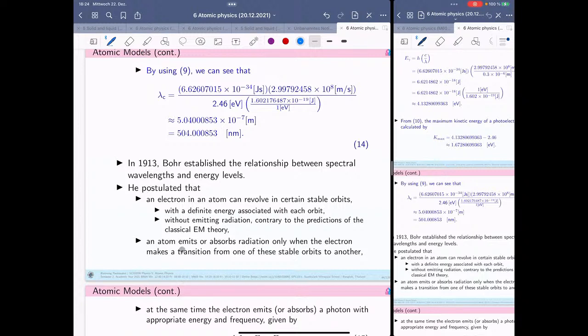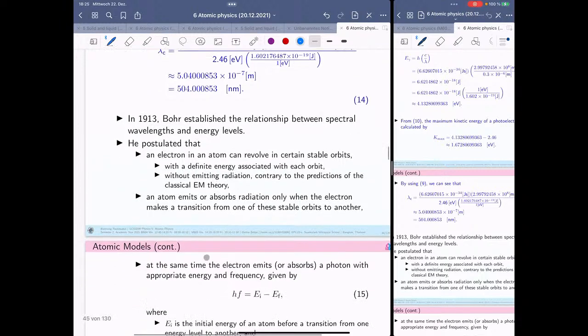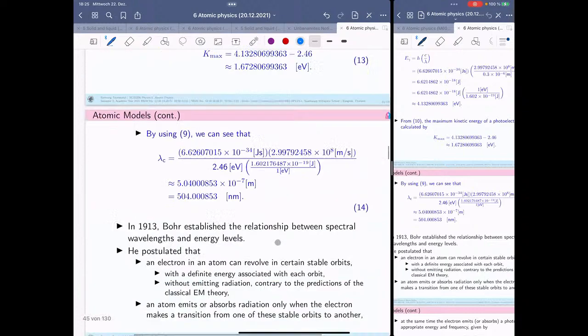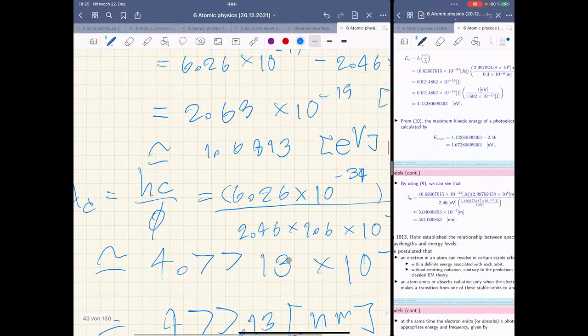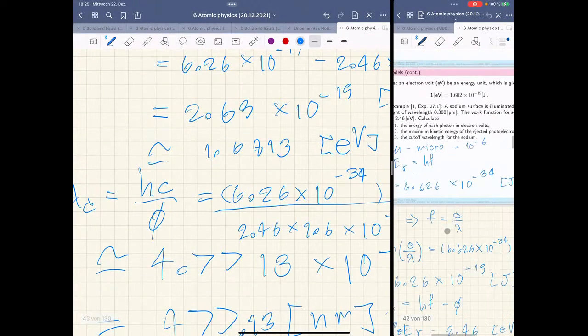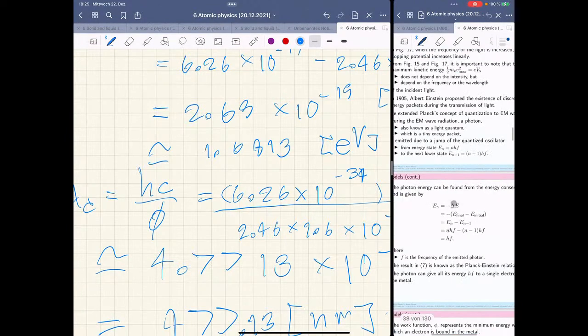And an atom emits or absorbs radiation only when the electron makes a transition from one of these stable orbits to another. At the same time, the electron emits or absorbs a photon with appropriate energy and frequency according to this relation. It looks similar to the derivation of the equation here.